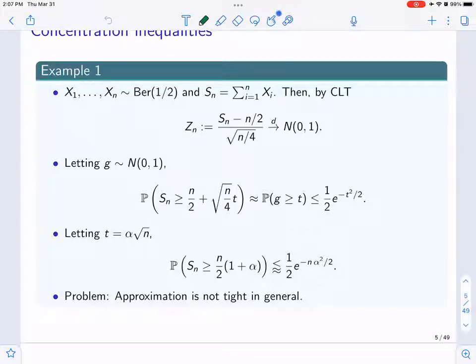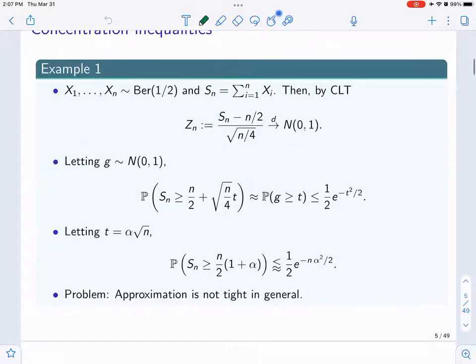The central limit theorem gives you the distribution of this rescaled sum. This quantity here is the mean of Sn, right? And N/4 is the variance of Sn, right? The variance of Sn is in general n times p times 1 minus p, where p is the probability here.